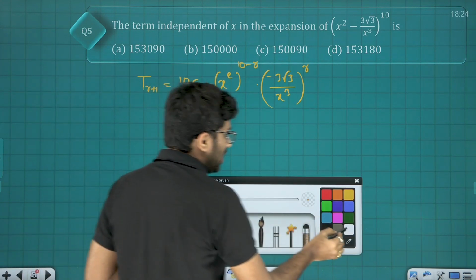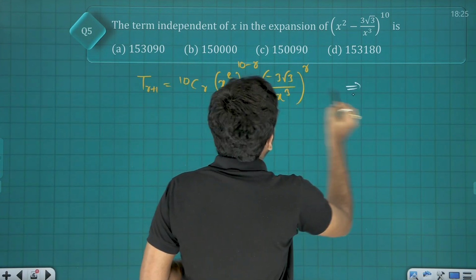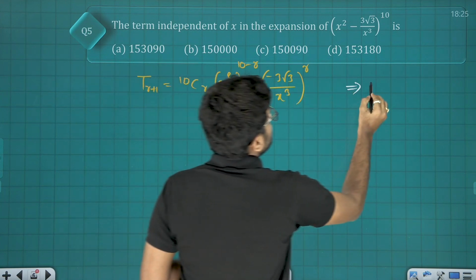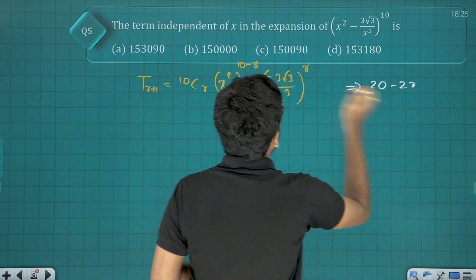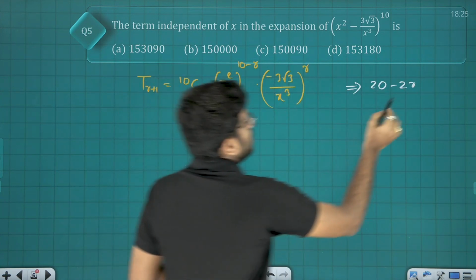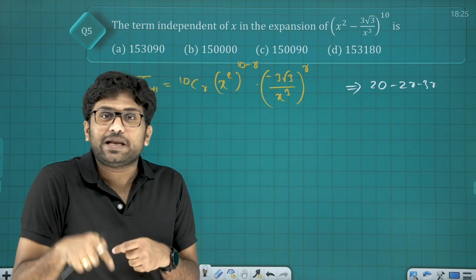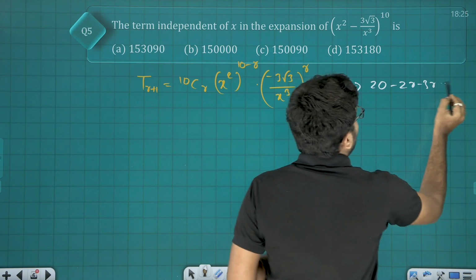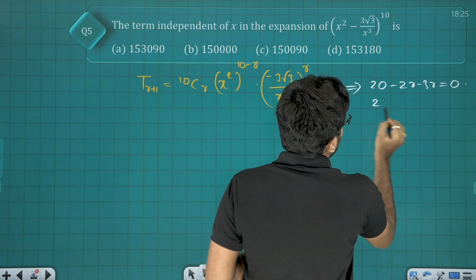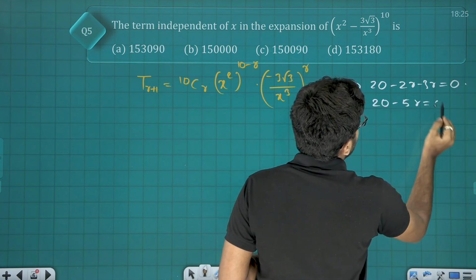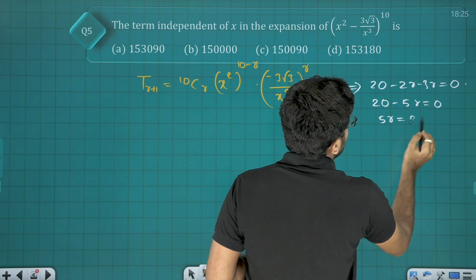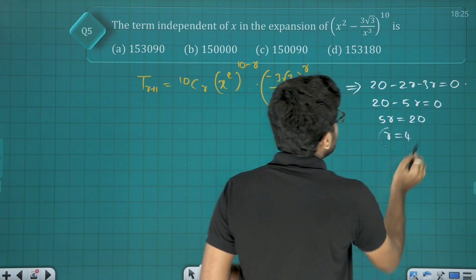What is the exponent of x that we have? The exponent of x is 2 into (10 minus r), that is 20 minus 2r, and here by x cube, so that means minus 3r. Now to get the term independent of x, the exponent of x should be equal to 0. So 20 minus 5r is equal to 0, 5r is equal to 20, r is equal to 4.